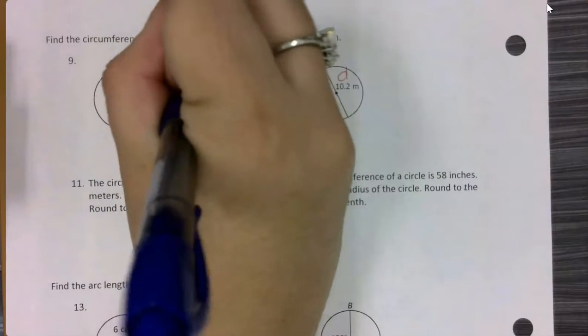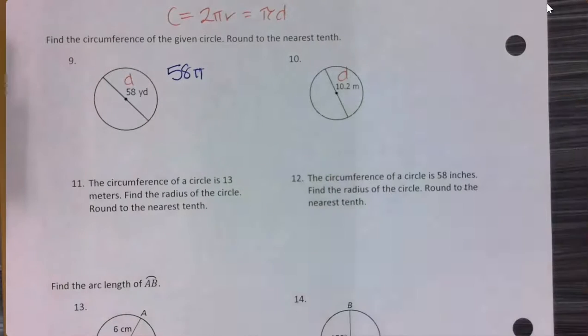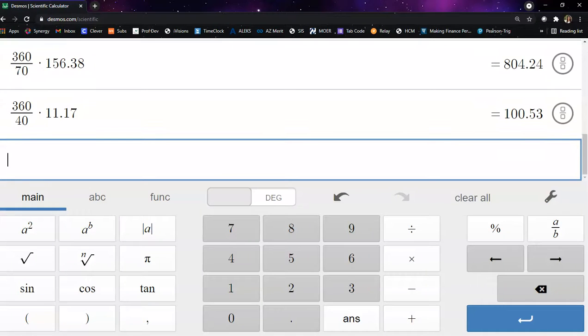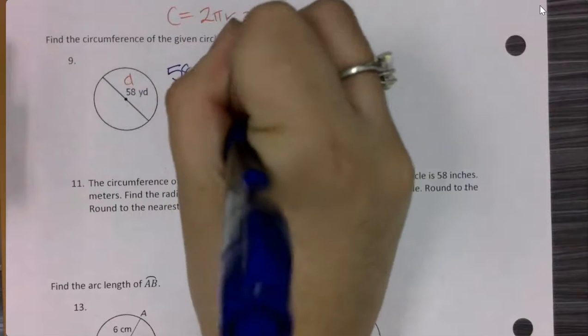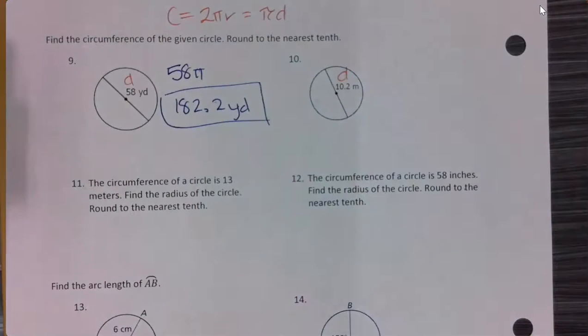So I'm going to have 58 pi, and then I can go ahead and just type that into decimals, which gets me 182.2 yards. Circumference is one dimension, so it doesn't get any exponents.